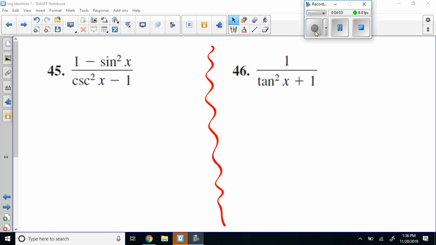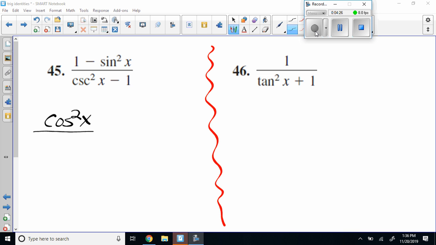The numerator says cosine squared. No, it says 1 minus sine squared x, right? Because it says something squared, the first thing you ought to go to is Pythagorean identities, correct? And in doing that, you should see that 1 minus sine squared x is cosine squared x, right?